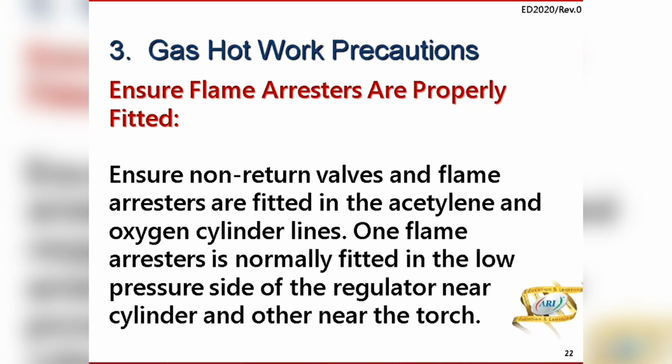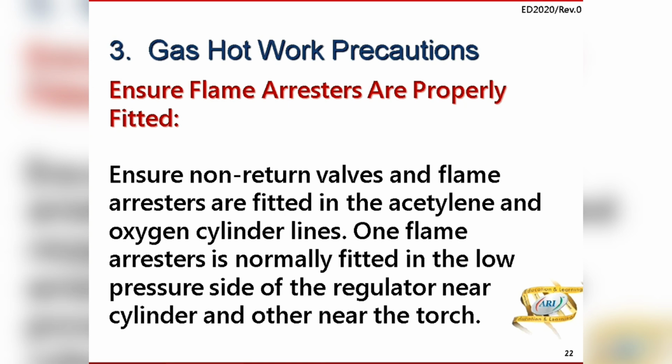Ensure flame arresters. See, there is a difference between flame screen and flame arrestor. Flame screen means a mesh which is basically not allowing the spark or the flame to pass, the sparks to go through. That is the flame screen.